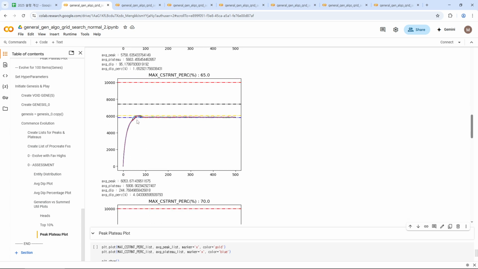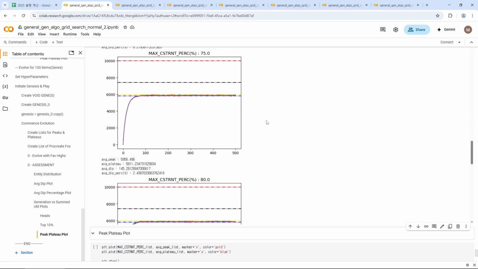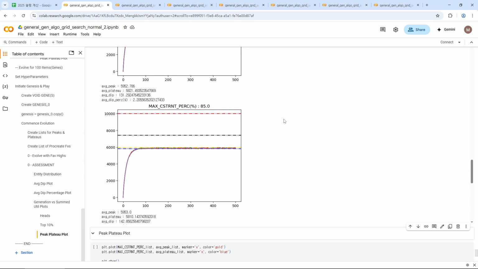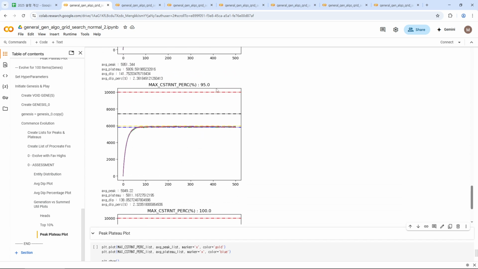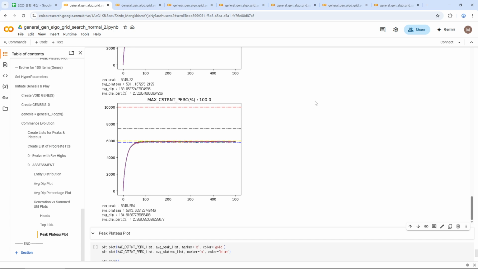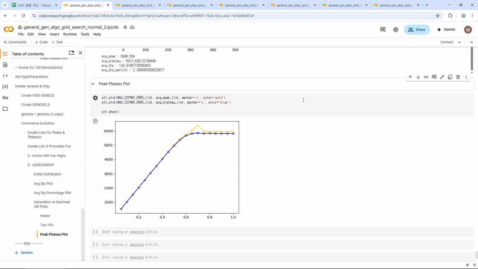35, slight dips happening, and now that's a dip. 75, 90, 95. Okay. So that's odd.